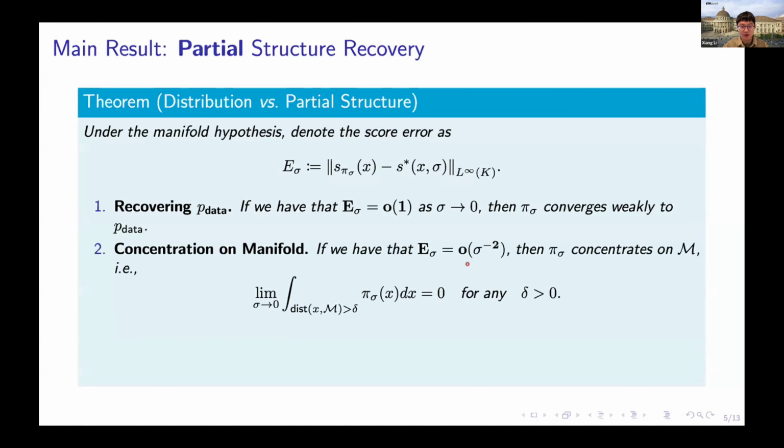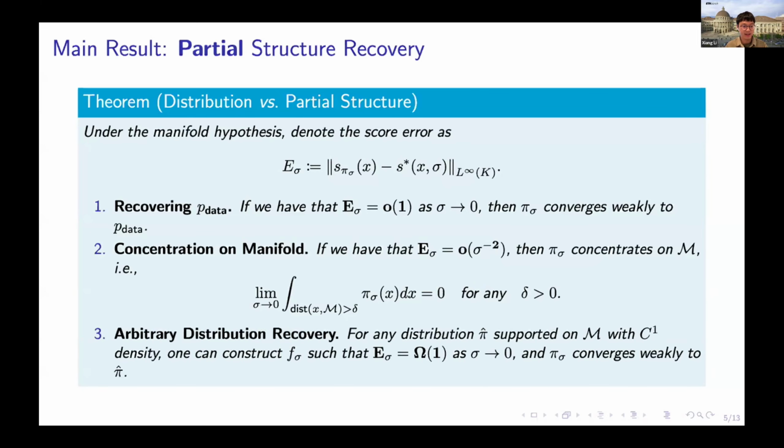However, if the score error is of small o of sigma to the -2, then we can prove that the generated distribution is already concentrated on the manifold. The support of this generated distribution is the manifold, and this allows a much larger tolerance of the error. It can actually diverge as sigma goes to 0.